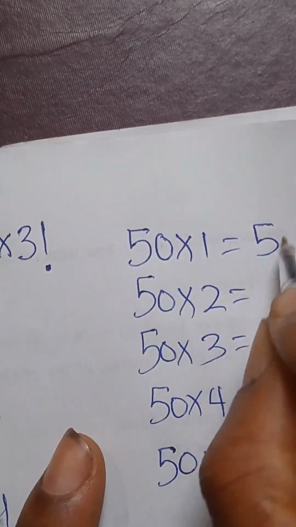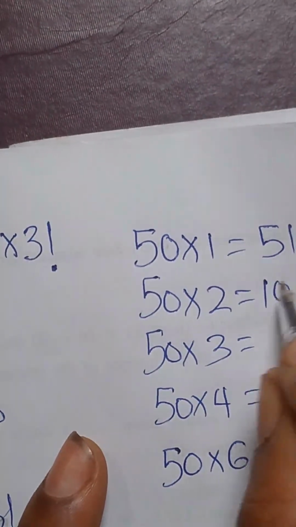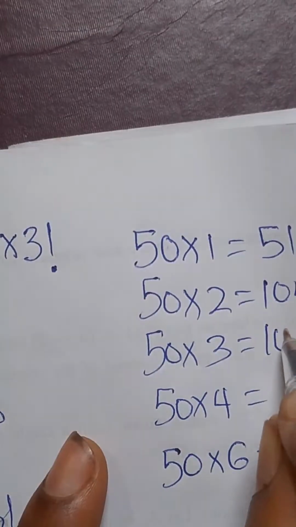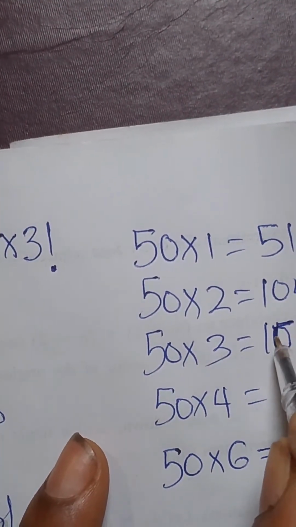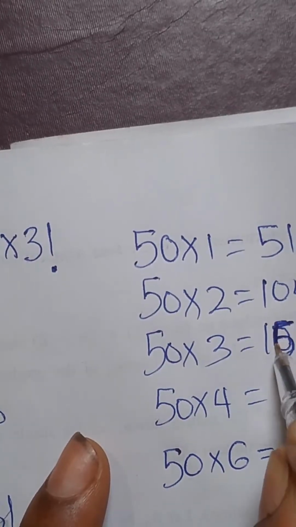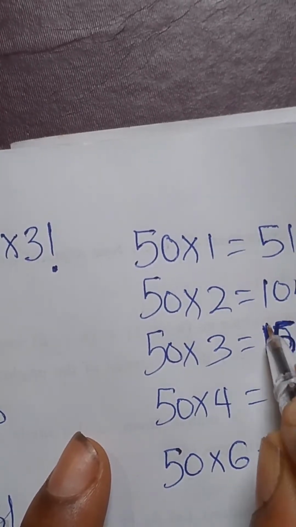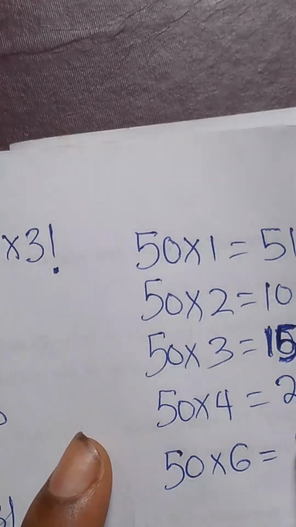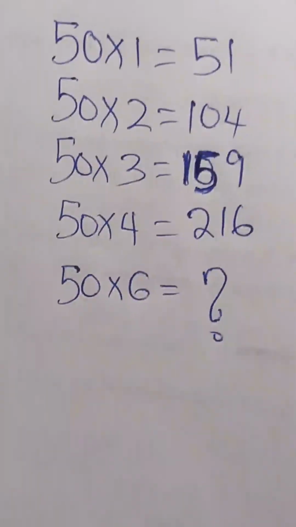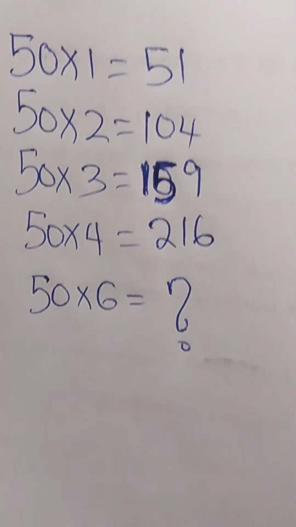We have 51. We have 104. We have 159. Oh God, am I making a mistake? Please bear with me. 159. And here we have 216. So what is here? Please, this is 159. That is a mistake I made.